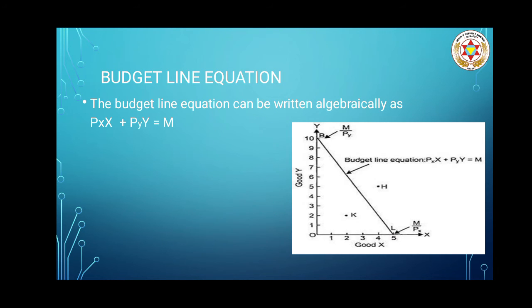Now the budget line can be represented by this equation: Px times quantity x plus Py times quantity y is equal to m.